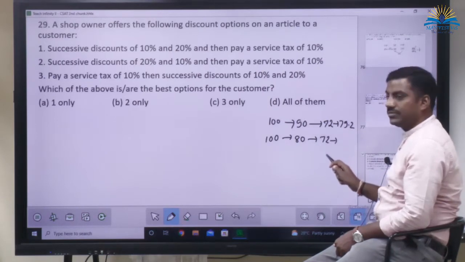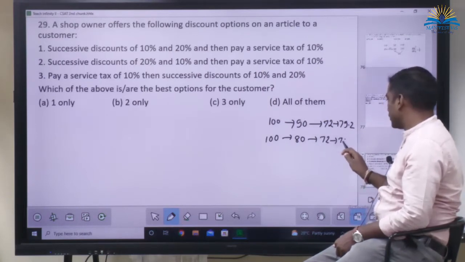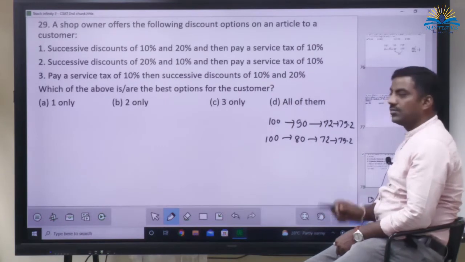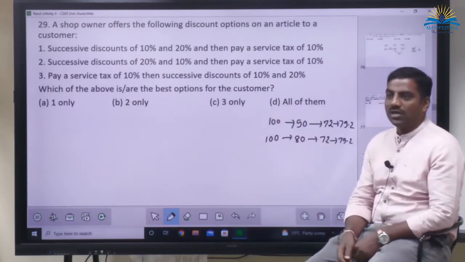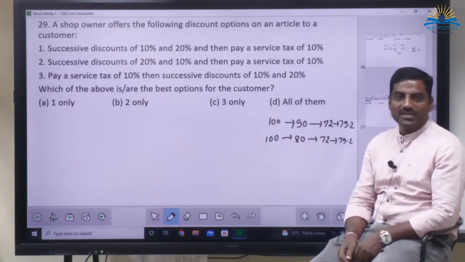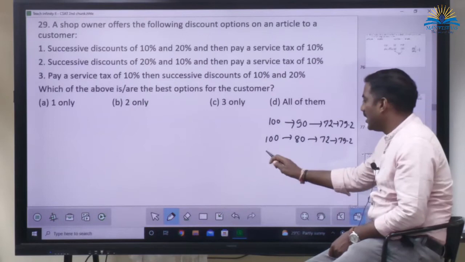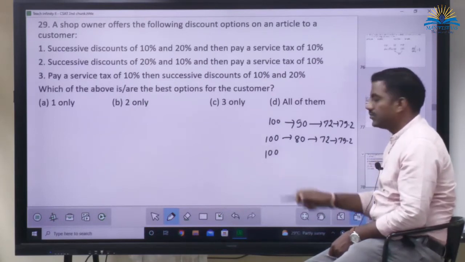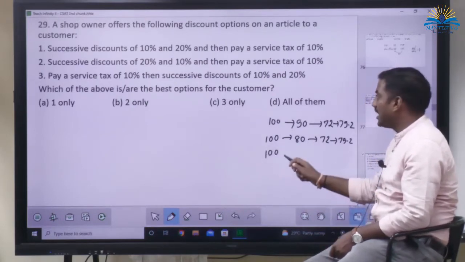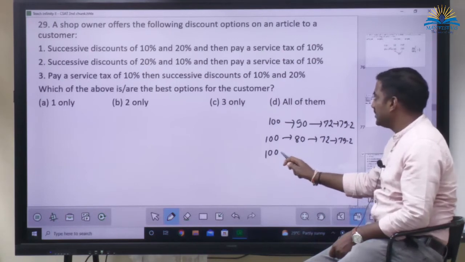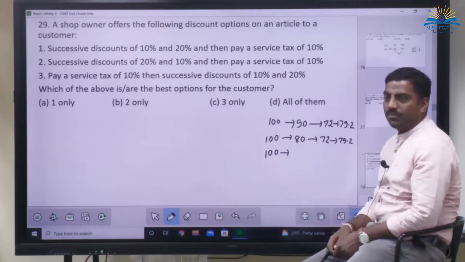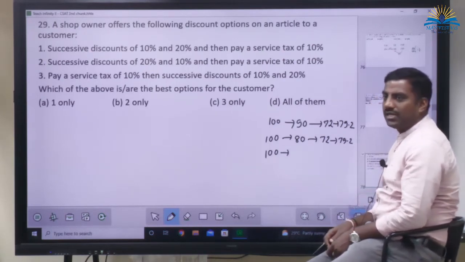Anyways, the first two options are gone because they are getting at the same price finally. Then look at the third one. 100 rupees is the cost. Then 10% tax. What will be the price of the article?